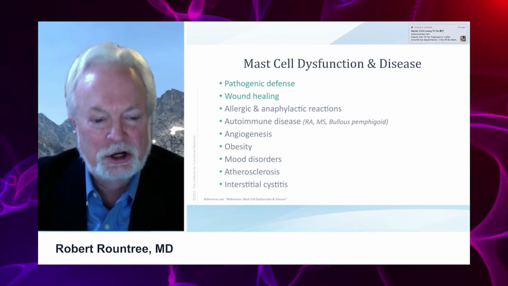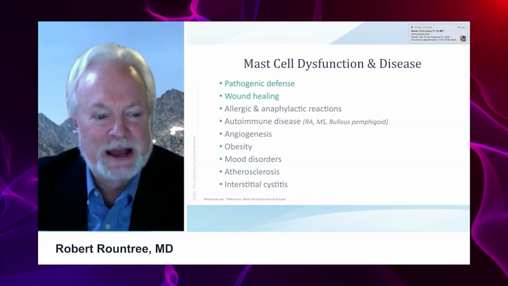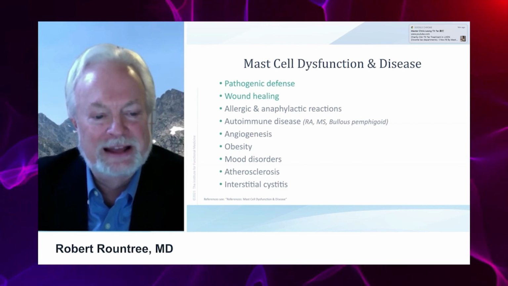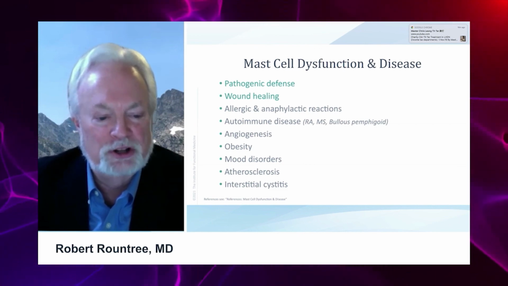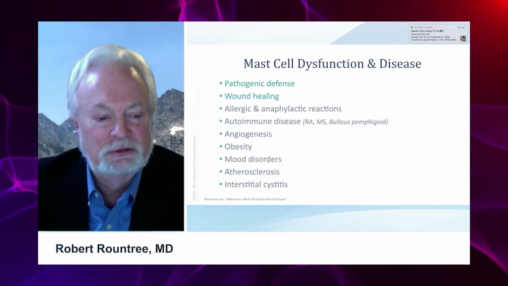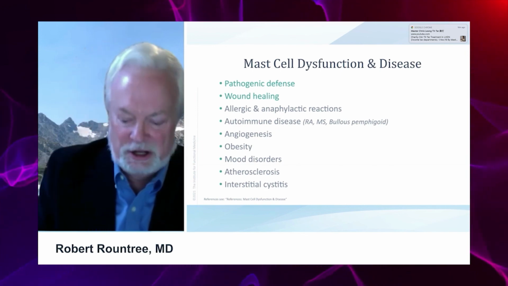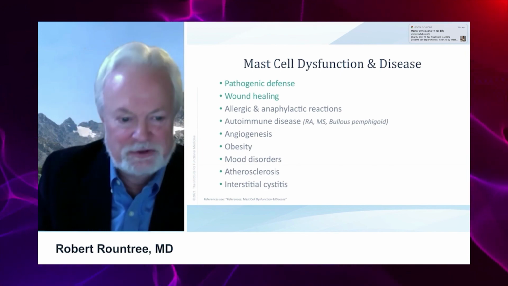Histamine is a neurotransmitter. So overactivation of mast cells can lead to overproduction of histamine, which then can affect brain function. Atherosclerosis seems to involve mast cells. Interstitial cystitis involves mast cells.